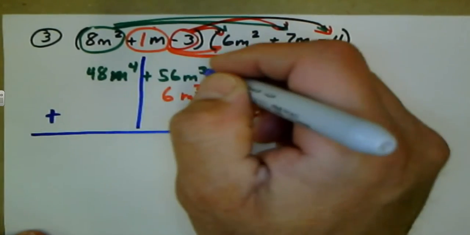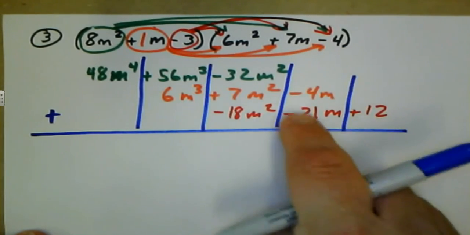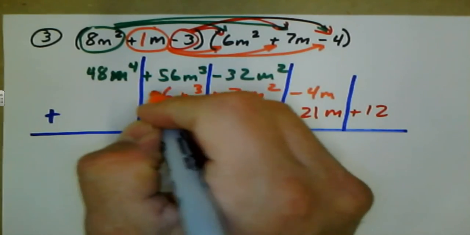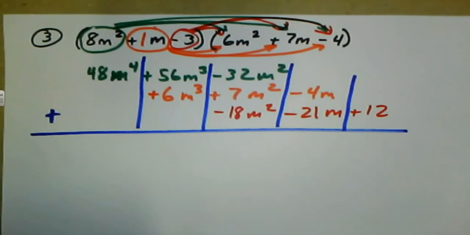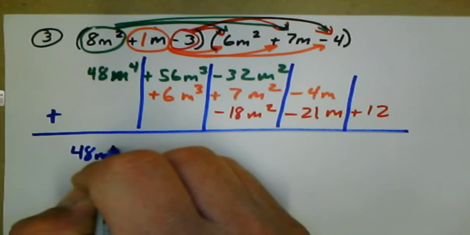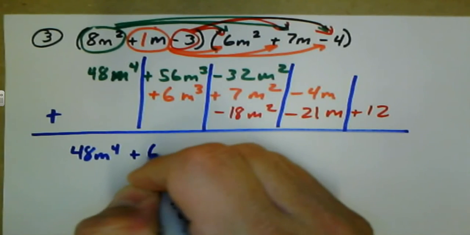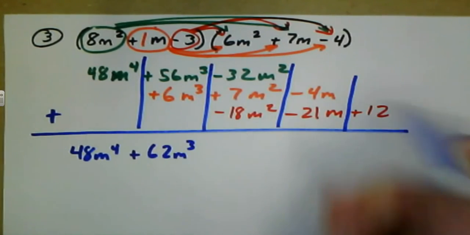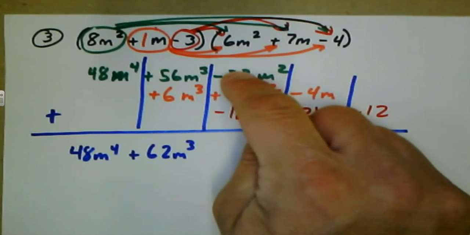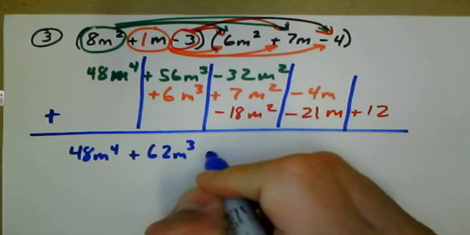Combining like terms, which means we're adding them. Note, I'm very careful not to run my line through my pluses and minuses, okay? We can put a plus there if we want to. 48m to the 4th power, because there's nothing to add to it. 56 and 6 is 62m to the 3rd. All right, here. 32 and 18 is 50, minus 7 is 43.